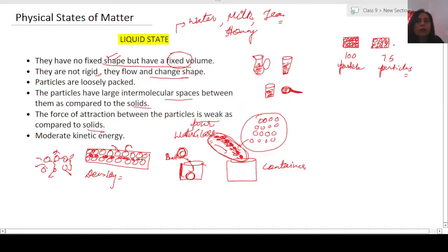Why? Because here there are spaces between the particles. So this is the liquid state and this is the solid state where they are tightly packed.